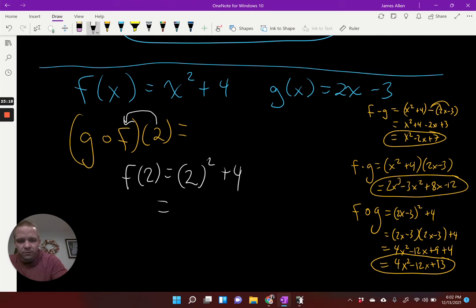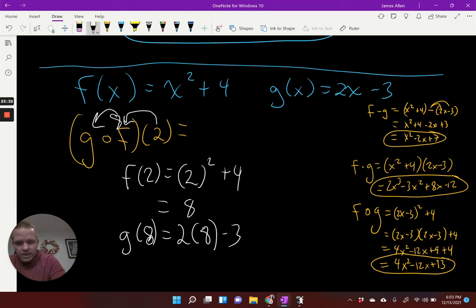And that gives me 4 plus 4 is 8. And then I'm going to do 8 getting plugged into g. So now I do g of 8. And I'm going to have 2 parentheses 8 minus 3. And I get 16 minus 3 gives me 13 as my final answer. That's it with that one.